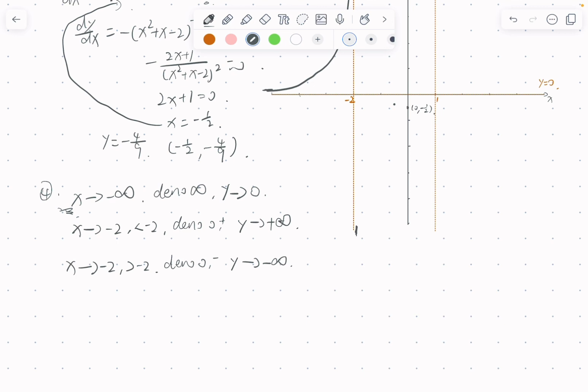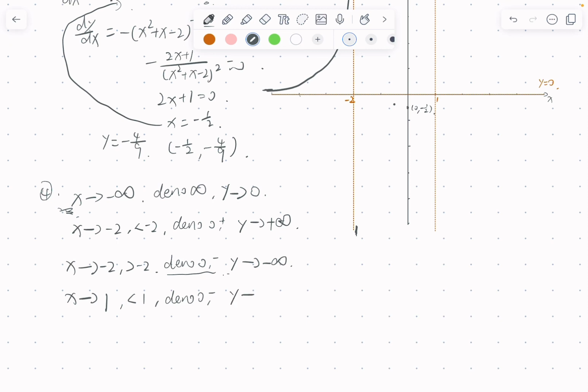Okay. So if x is near 1 but smaller than 1, the denominator follows the same pattern as before, so it is 0 and negative.